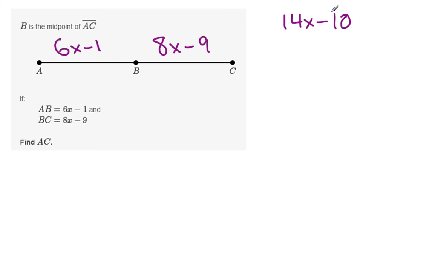Alright, so now we just got to find x. So again, we could say since B is the midpoint, then AB has to equal BC. So we can say that 6x minus 1 will equal 8x minus 9. And then I think you can probably do the next steps on your own. Yeah, probably, hopefully.